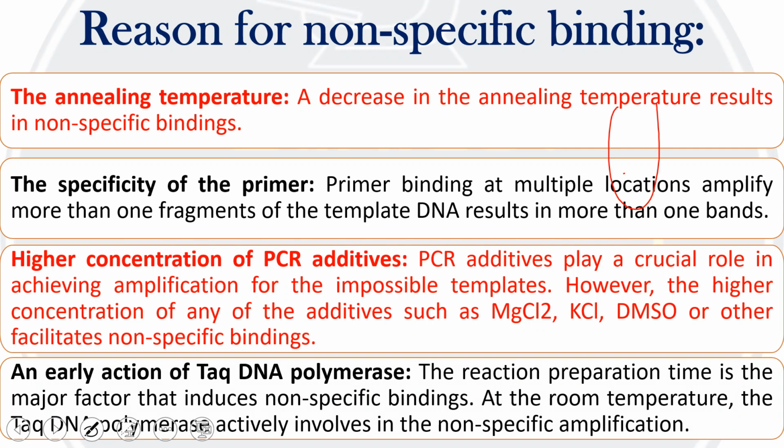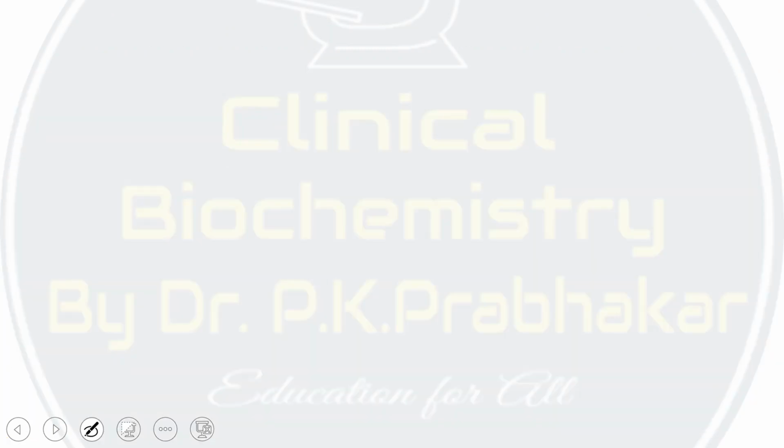The Taq actively starts the synthesis of DNA by adding deoxyribonucleotides randomly. Due to the non-specific binding, the yield of the original DNA as well as our target amplicons is going to be decreased. So that is a drawback of this process.